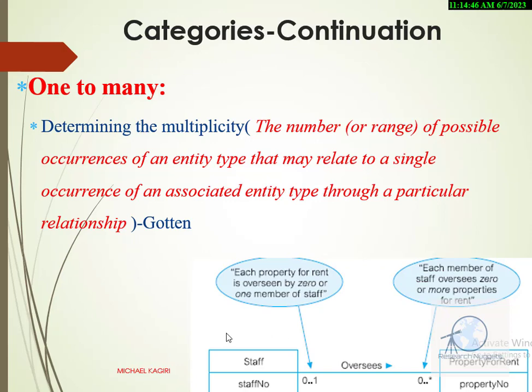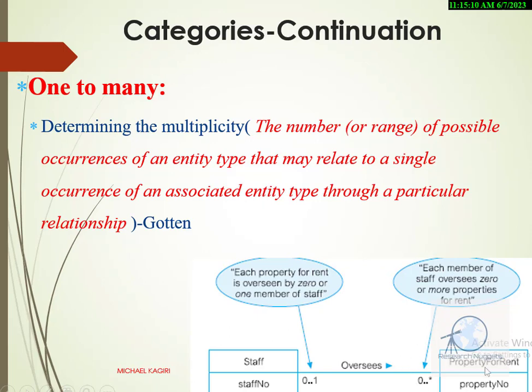To put that into perspective in terms of multiplicity, this is how we represent it. We are saying that a staff can oversee 0, so that means that staff is not overseeing any property, or can oversee one property, or can oversee many properties. This is how you write it.